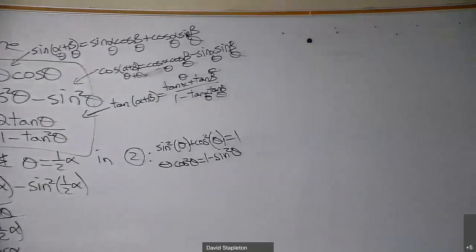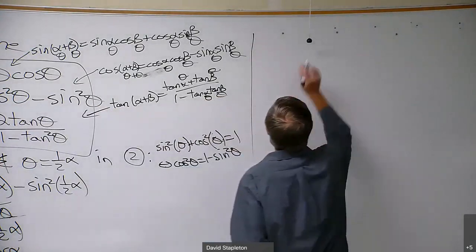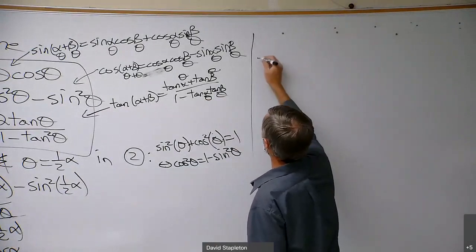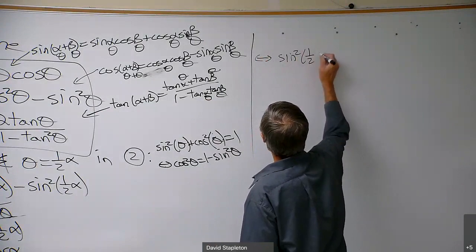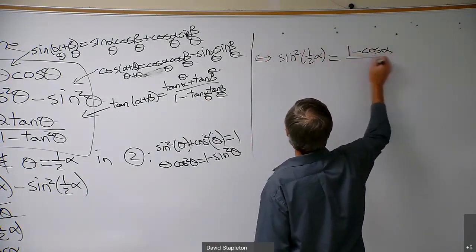Even though I won't ask you to reproduce this proof, I think it's really useful for seeing where these things came from. Now divide it by 2, and I get equivalently sine squared of a half alpha is 1 minus cosine alpha all divided by 2.